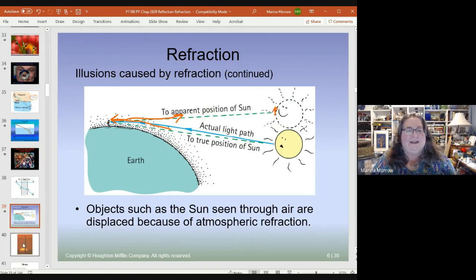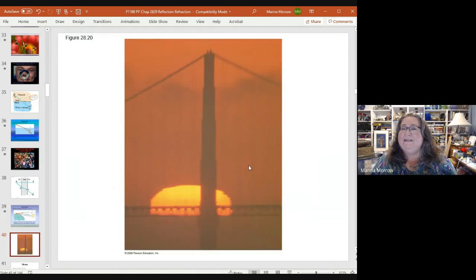So when you're looking at a sunset, sunsets can last longer than they actually should, because you are keeping parts of the sun that should not be visible above the horizon. So your brain has followed that light beam back. And this is why the sun makes this lemon drop shape, because you're seeing the top and the bottom of the sun kind of squished up into the same place because of the refraction through the atmosphere.